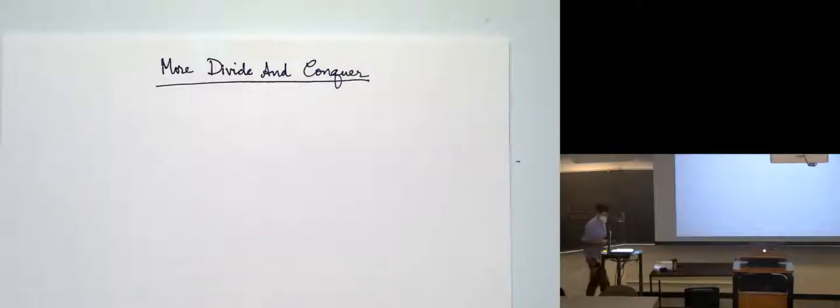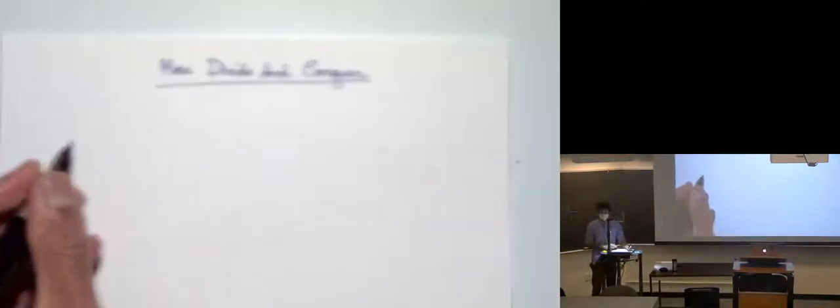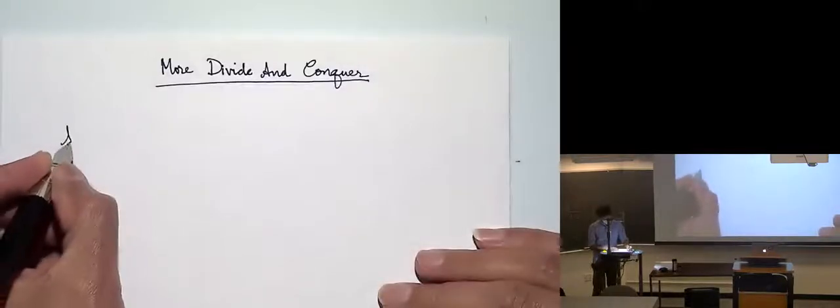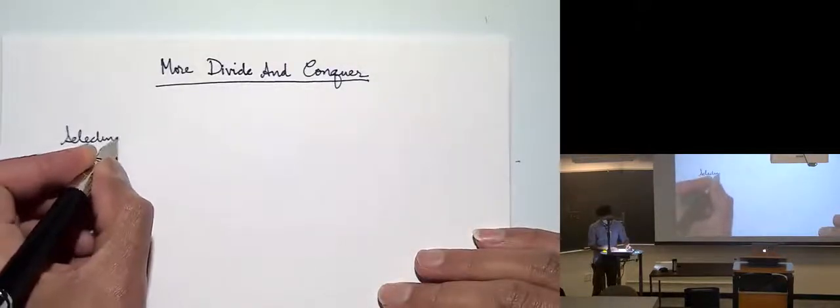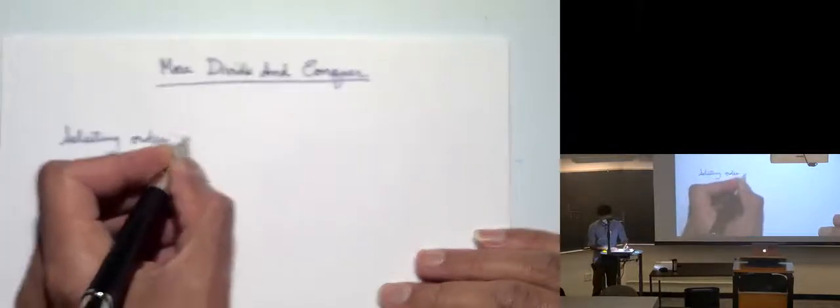of this. So I'm going to start with a fairly simple problem which is going to have a very clever algorithm, which is the problem of selecting order statistics.